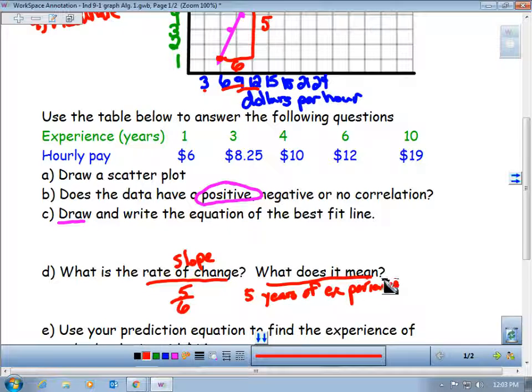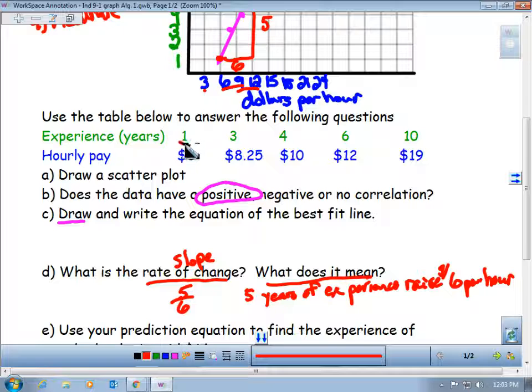So for 5 years of experience, you can see a raise of $6 per hour. Okay, so that's basically what my rate of change or my slope is saying, is that for every 5 years of experience, you can expect to see a $6 raise.